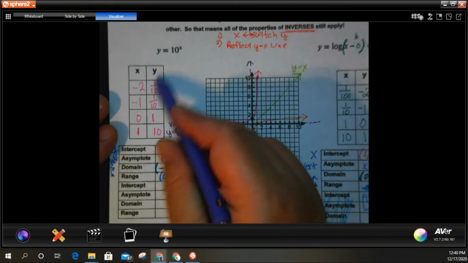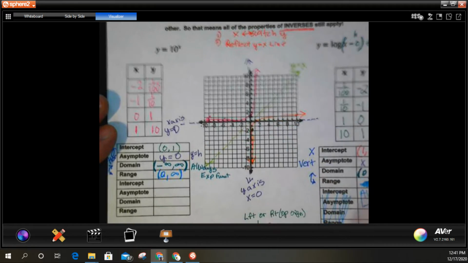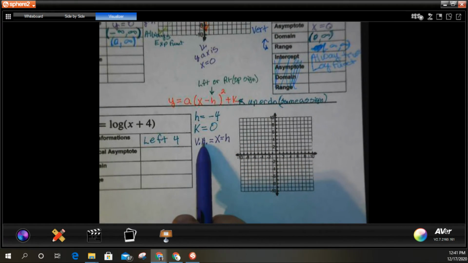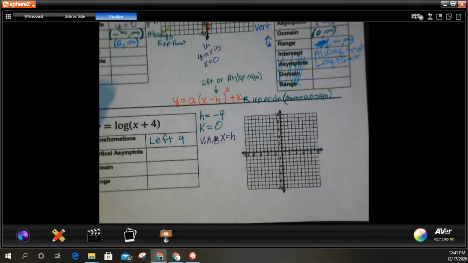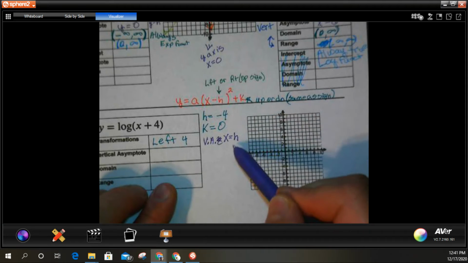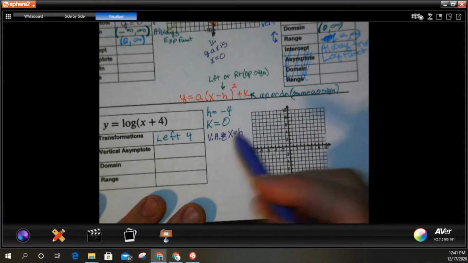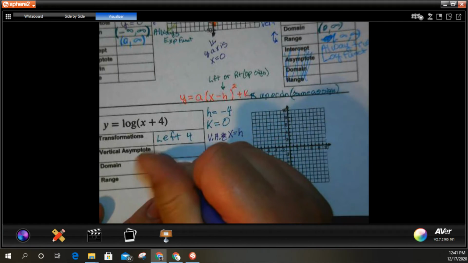For the log, it's a vertical asymptote, and it's x equals h. Okay. So what's my h again? -4. Well, so I'm going to have a vertical asymptote at x equals -4.